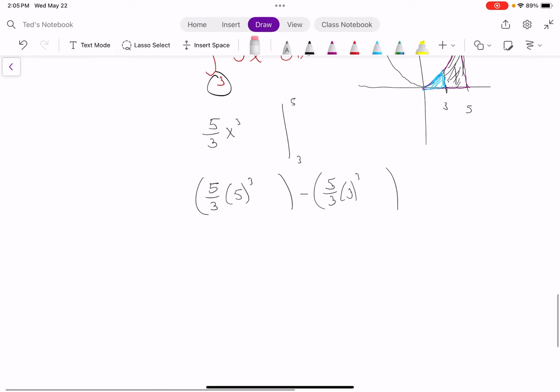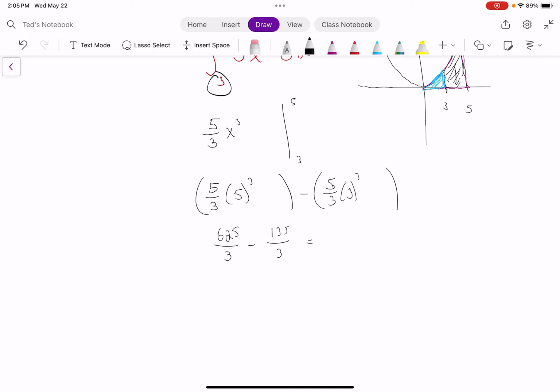Okay, so in this case, 5/3 times 5 cubed is 625 over 3, and 5/3 times 3 cubed is 135 over 3.